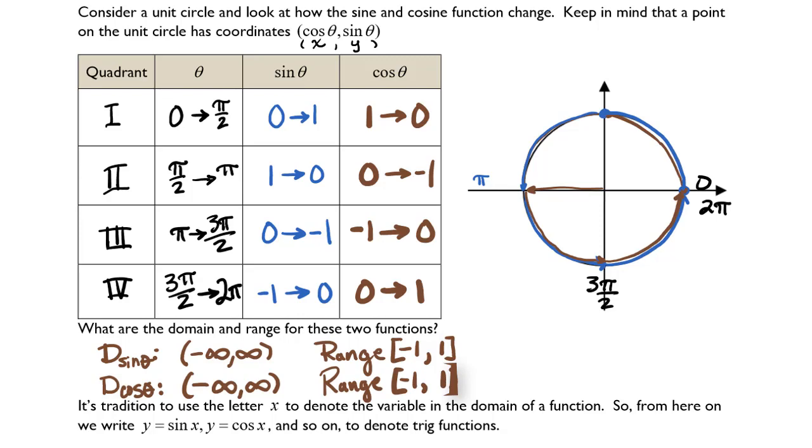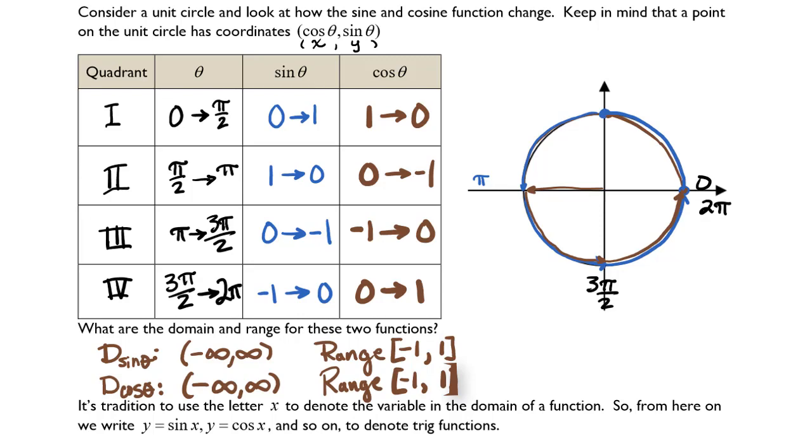It's important to note that it's traditional to use the letter x to denote the variable in the domain of a function. So from here on, we'll write y equals sine of x and y equals cosine of x, and so on, to denote trig functions.